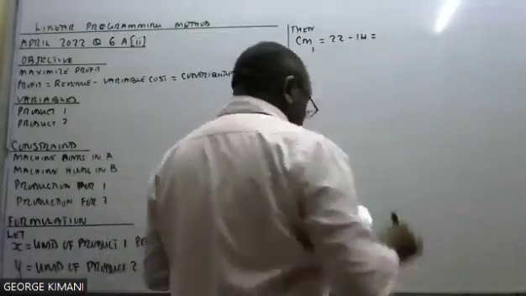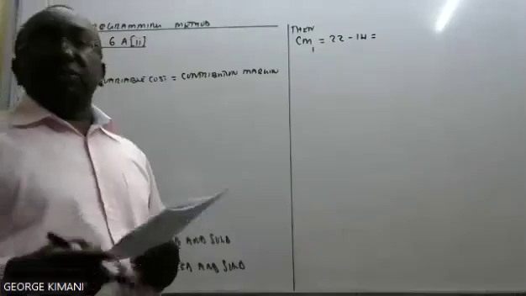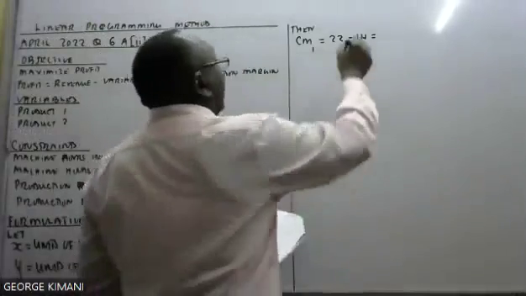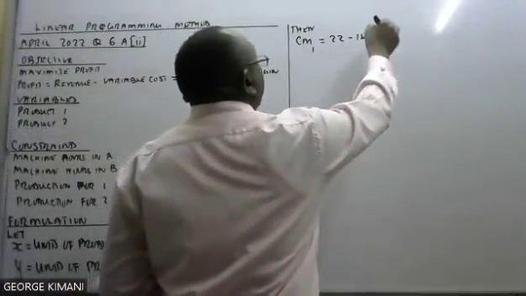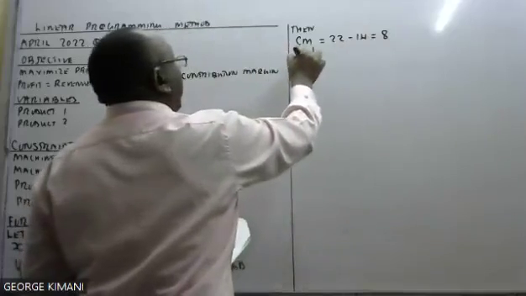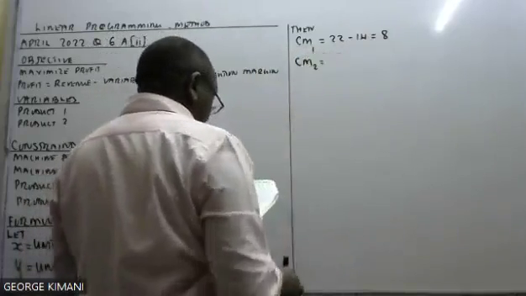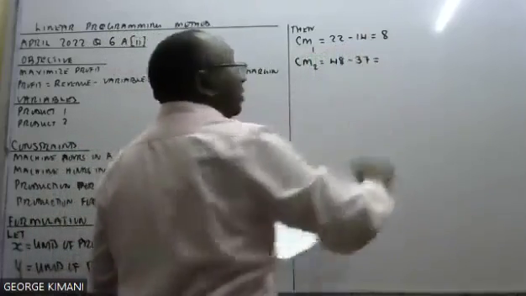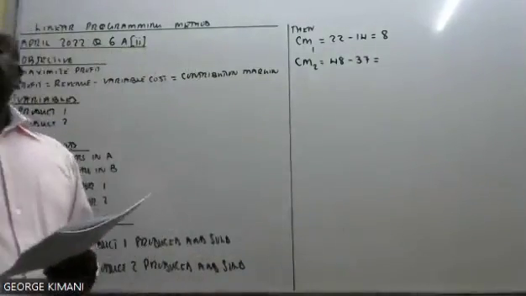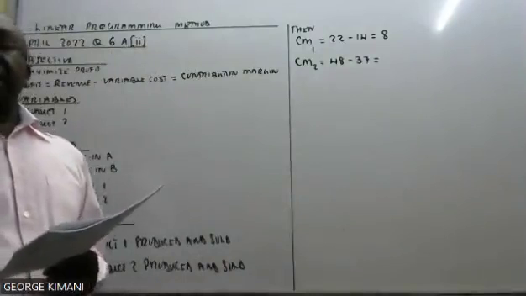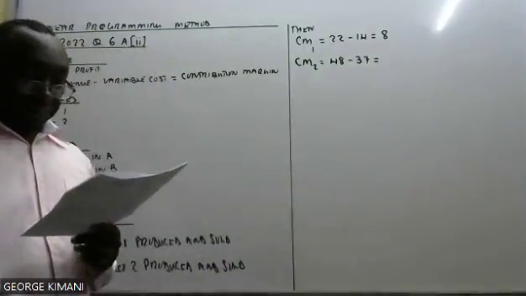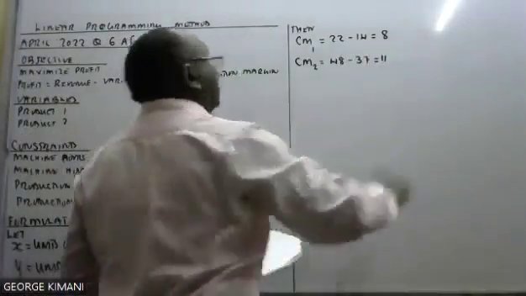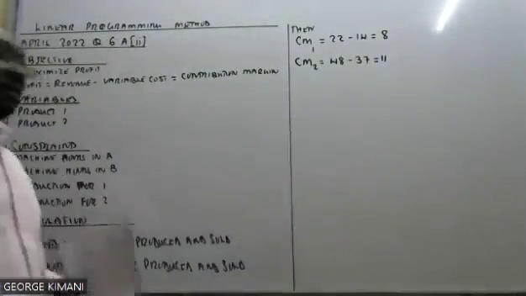So that one is very direct. Tell me, 22 minus 14. We require a calculator. What is the calculator saying? 8. Good. Contribution margin 2 is 48 minus 37, that gives you what? 11. So the contribution margin is given.